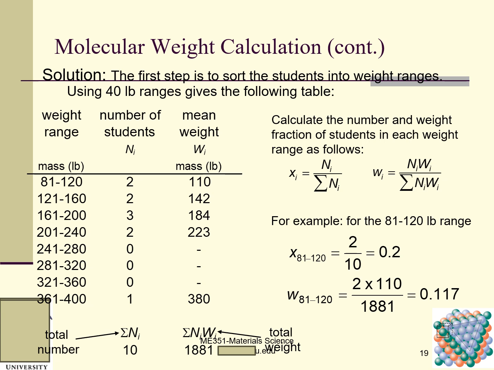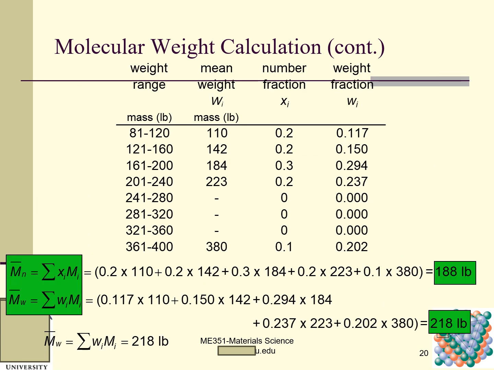For the weight fraction, the weight of these two students is 2 multiplied by 110, and the total weight is 1881. So this gives us 0.117. Then we have the weight range, mean weight, number fraction, and weight fraction, and we write these in the table.